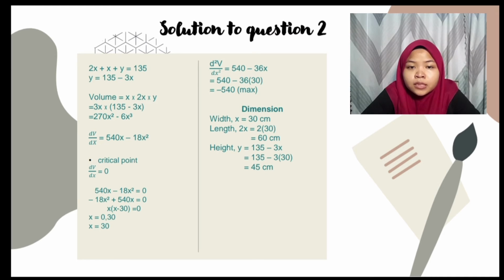We set dV over dx equal to 0 and get the equation 540x minus 18x squared equal to 0. Then simplify this quadratic equation and get x equal to 0 and 30. And we will choose x equal to 30.